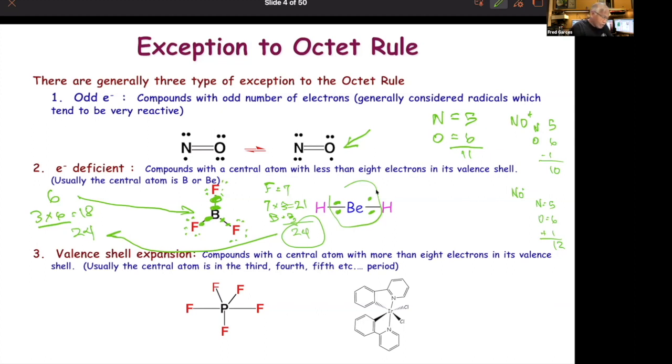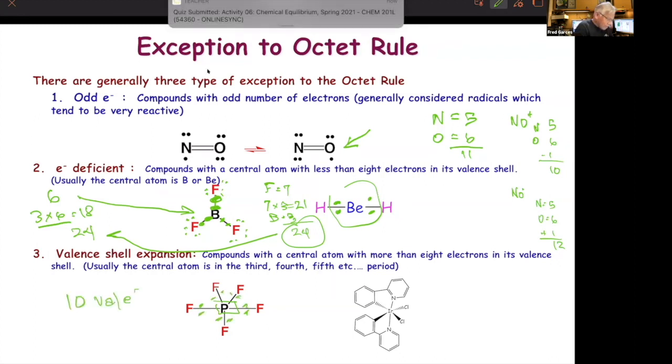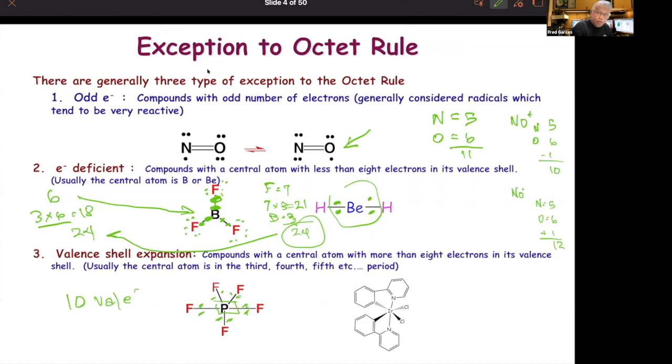And then, like I said earlier, when you have elements in the 3rd period and lower, these chemicals are going to violate the octet rule because they start to use their d orbitals. Okay, so that's what valence shell expansion is. If you look at this iridium right here, it's got 2, 4, 6, 8, 10, 12. That's 12 electrons in its valence shell.